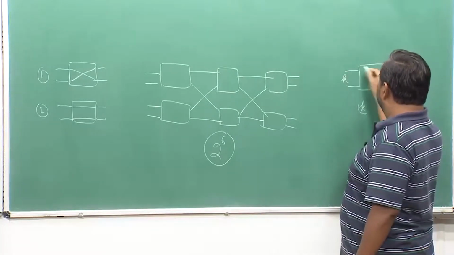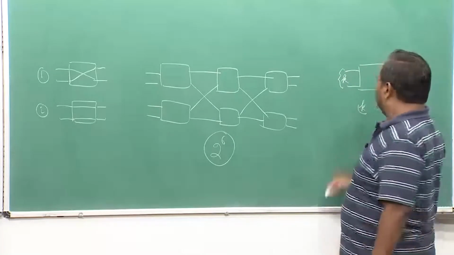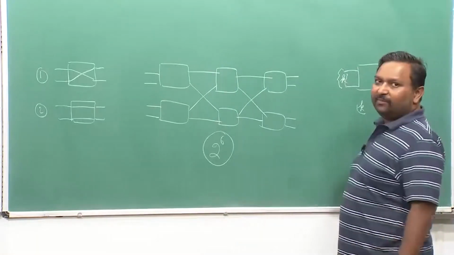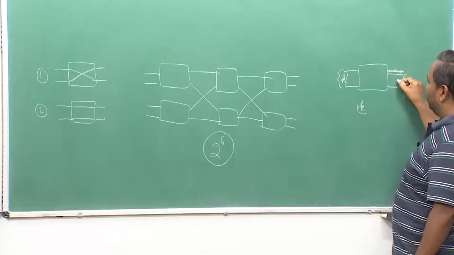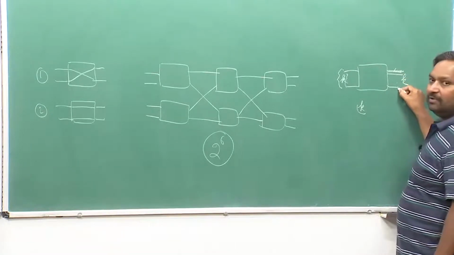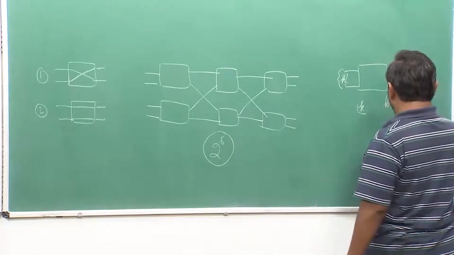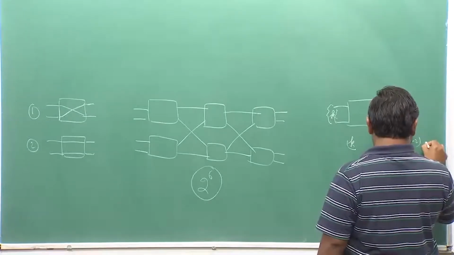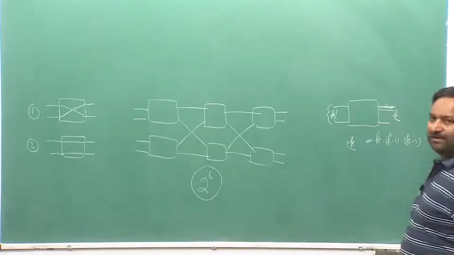The first output can be connected from the k inputs. Once that one is busy, there are only k minus 1 free, so the next one can be done with k minus 1 and so on. So, it will be k into k minus 1 into k minus 2 and so on till 1, which is nothing but k factorial.